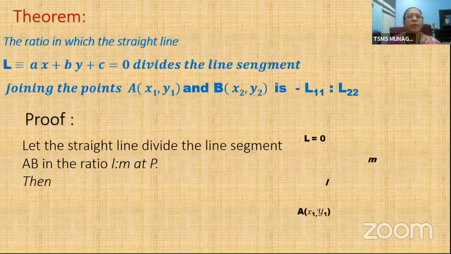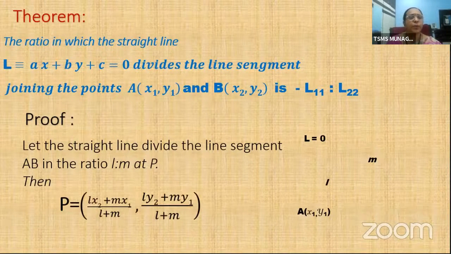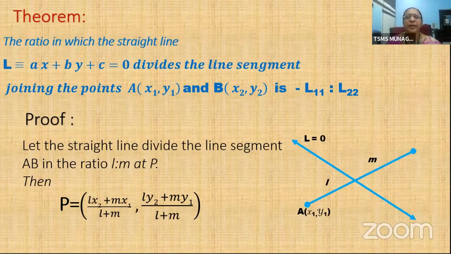Now, what are we going to do with these points? If 2 points are given to us, we are going to see whether those 2 points are on both sides of the line or on the same side of the line. This will help you understand where the points are geometrically.